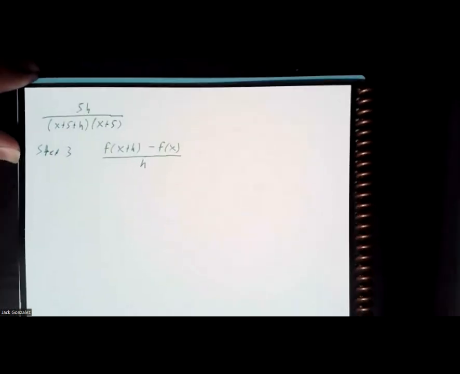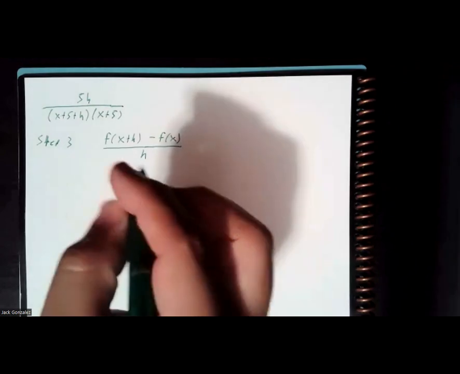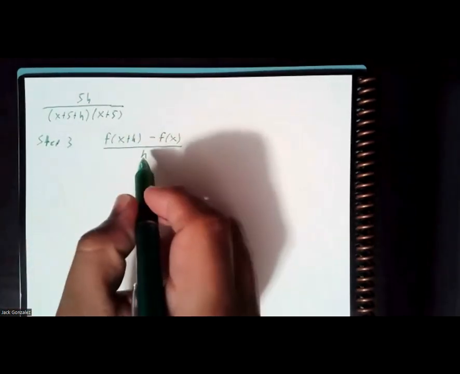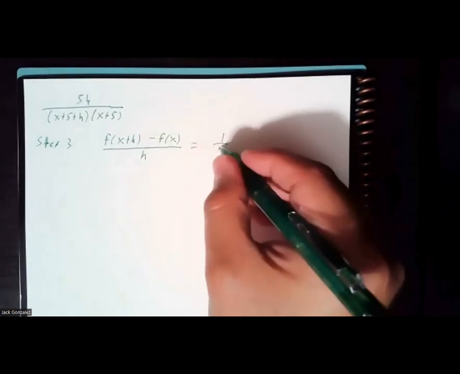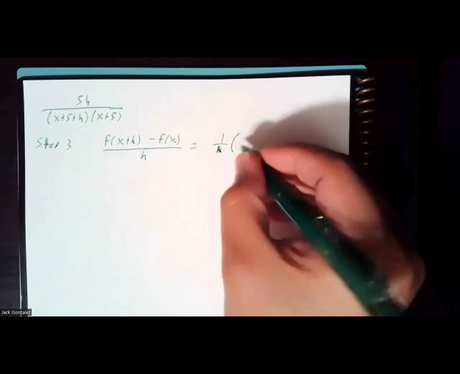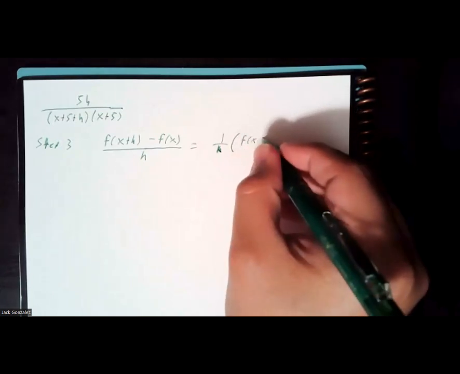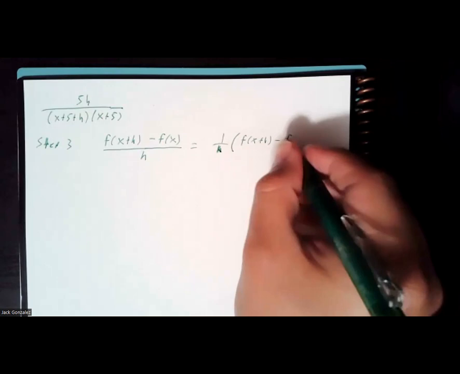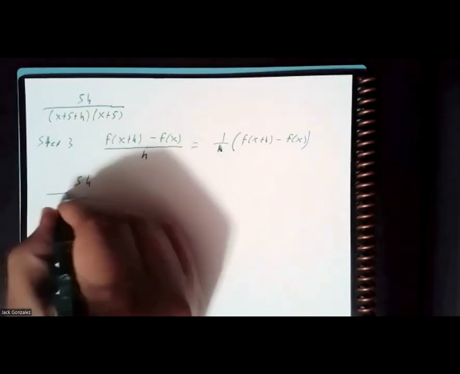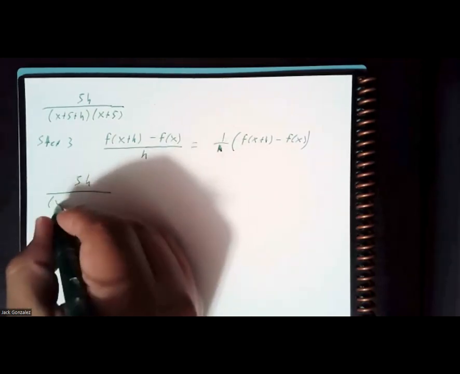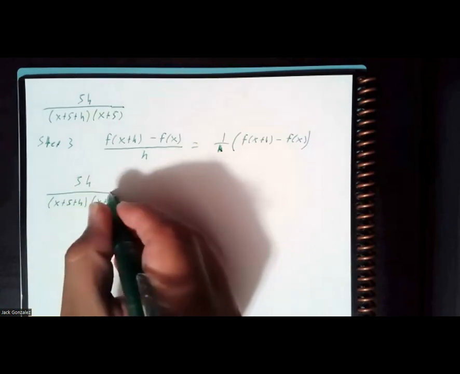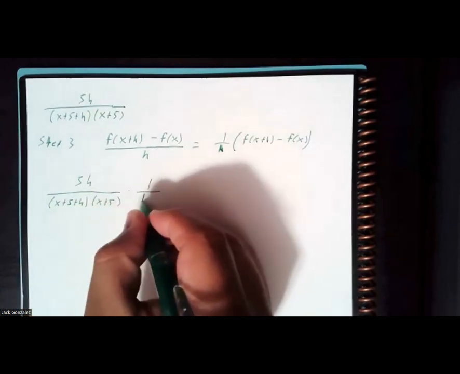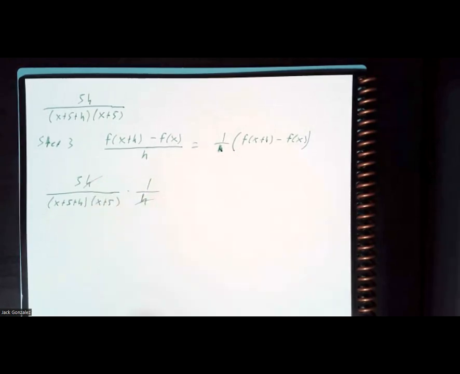There we go. Thank you. So basically that means you can also just think of this as multiplying by 1 over h. Do you agree? Yes. So we can just cancel. Right? Yes.